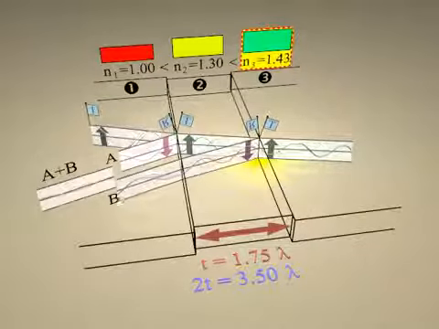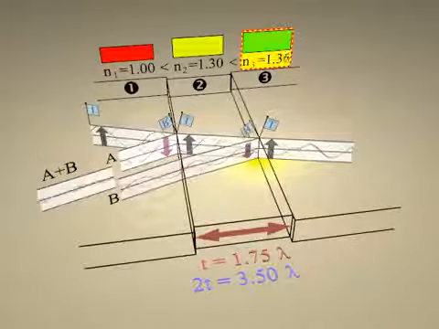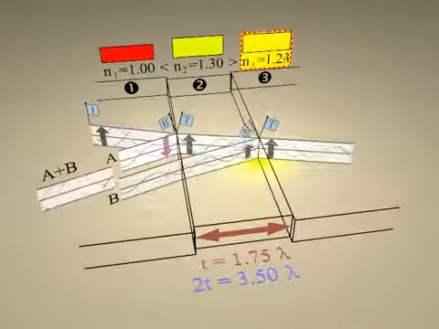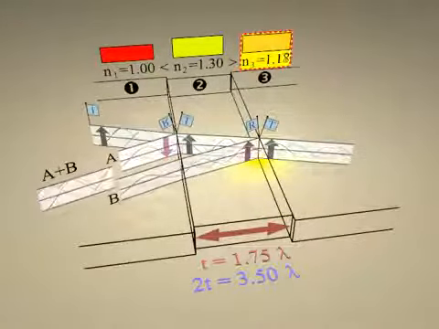Additionally, lowering the index of the third medium will cause the second reflection to be emitted right side up and effectively shifted in phase by 180 degrees.